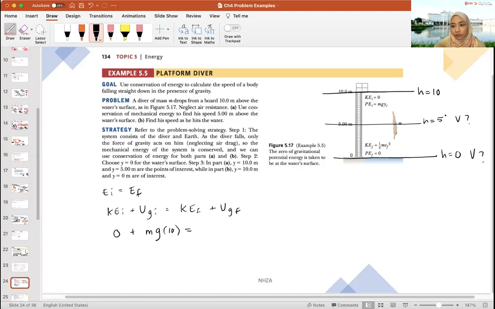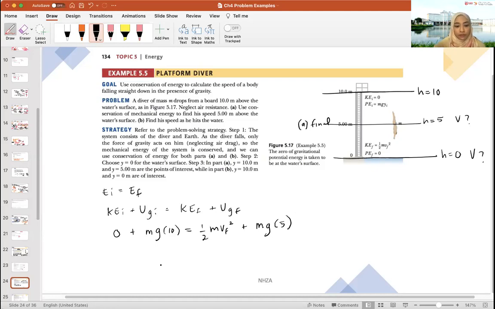And for KE final, this is our final point for part A, because we want to know what is the V over here. So 1 over 2 MV final squared plus, at this point, your energy is converted into KE and also UG. So 1 over 2 MV final squared and MG5.